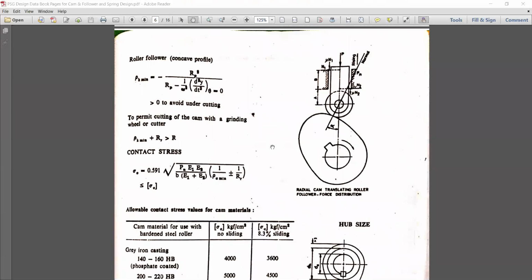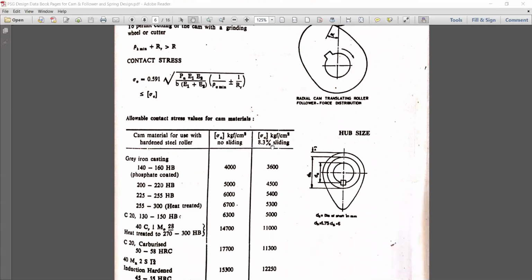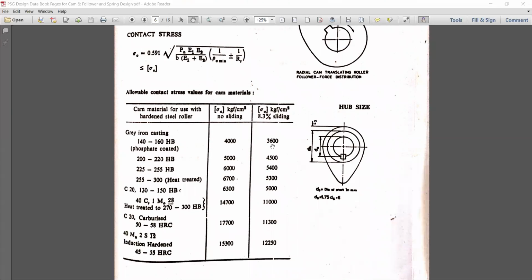In PSG page number 7.115, the roller follower cam profile concave profile equation is given. The contact stress equation is given. Also, they have provided the contact stress values for cam material with two conditions: no slide condition and few slide condition.